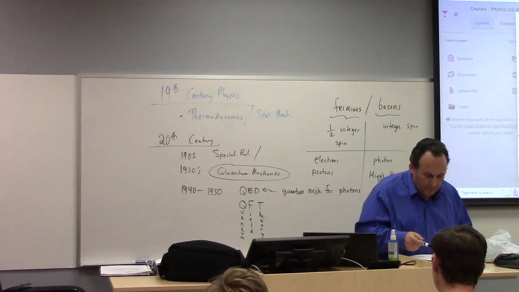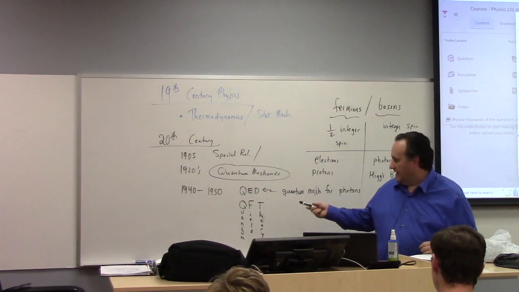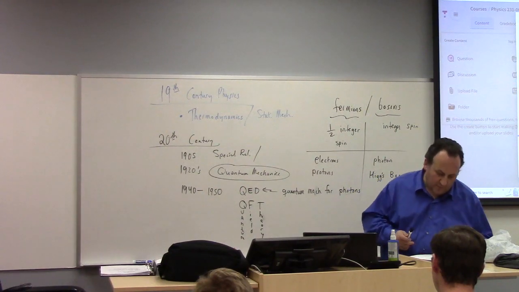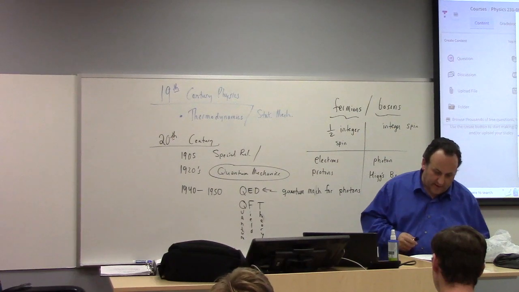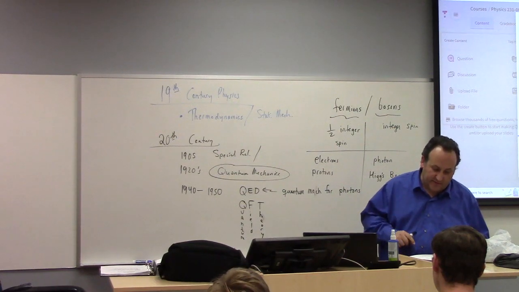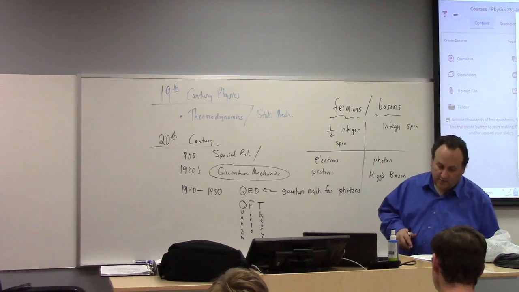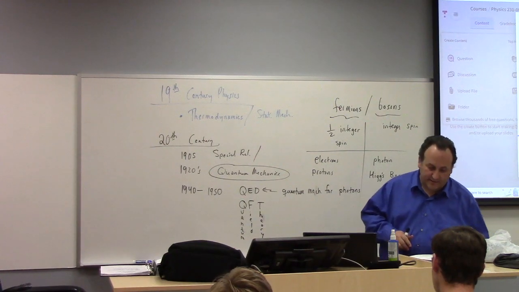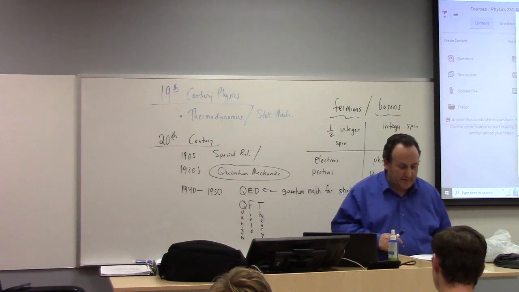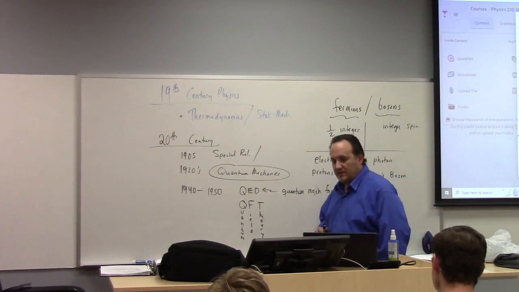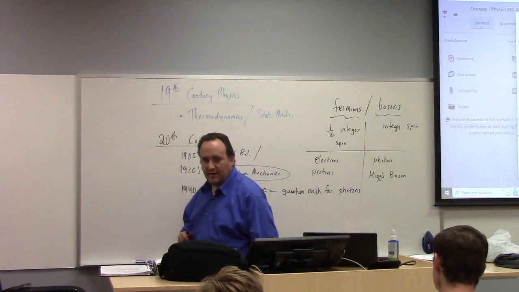So, in the 1950s, quantum electrodynamics was discovered, and it's typically credited to Feynman, I can't say his first name, but Tomonaga, Schwinger, and Freeman Dyson. Tomonaga was a Japanese theoretical physicist in the 40s.